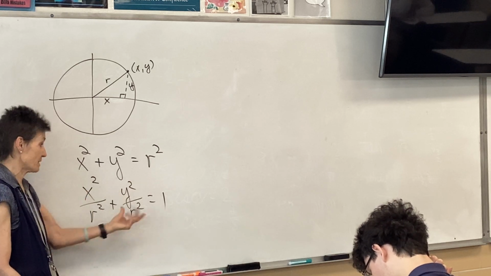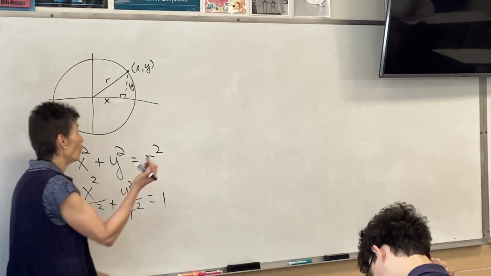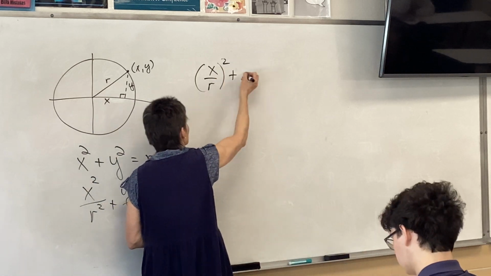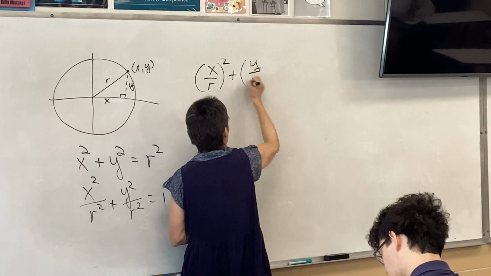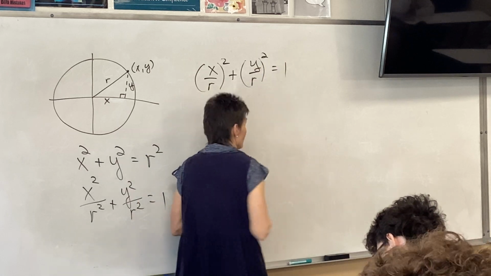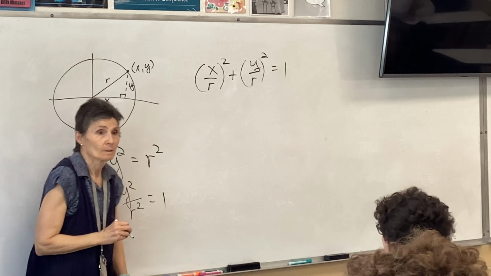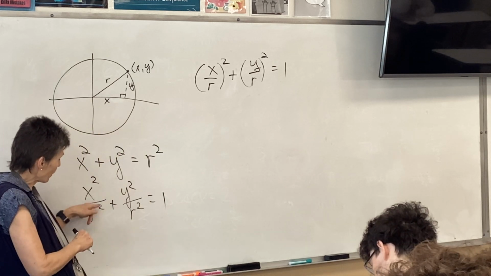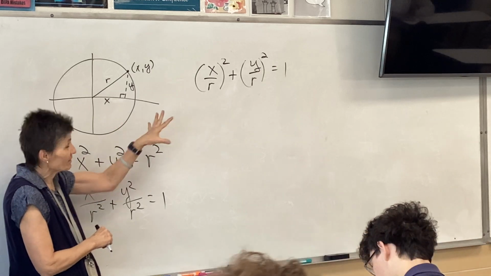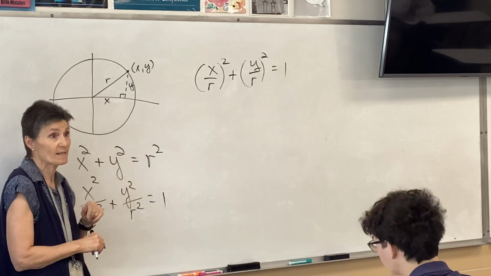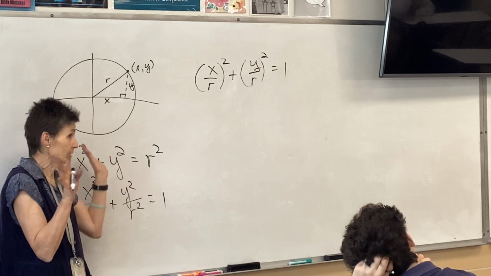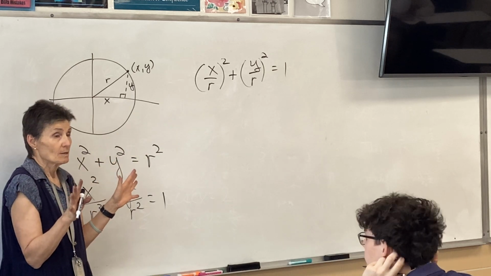So this is legit. All right, one more thing. (x over r) squared plus (y over r) squared equals what? I just rewrote this as a fraction squared instead of the individual pieces squared. Would you agree that's okay? So far, everything I've done is completely legitimate, right?